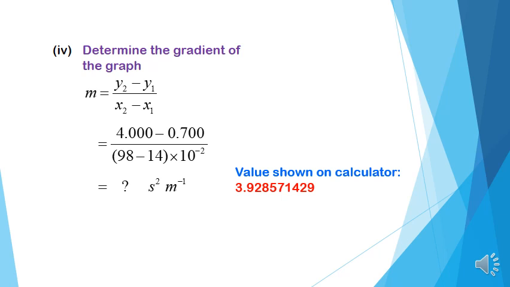How are we going to transfer the values from the calculator to our lab report? Shall we write down all the 10 digits as the value for m, or round it off to 4, or 3.9, or 3.93, or 3.929? How to make the decision?